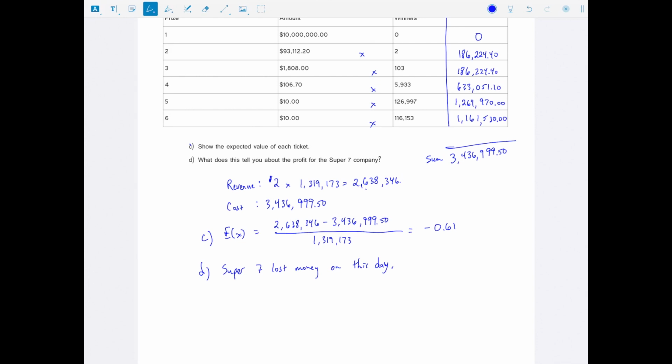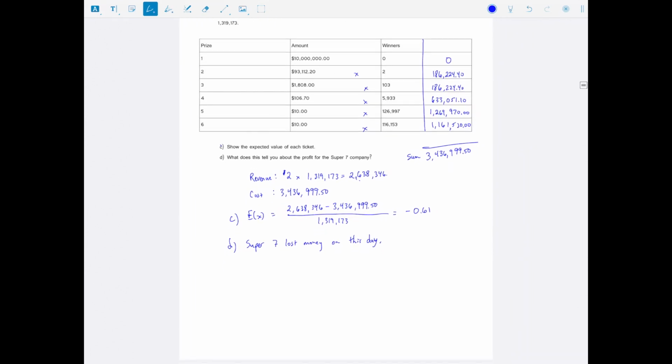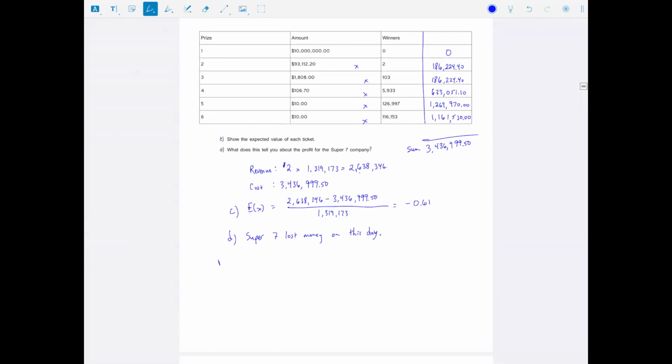Okay? Just to illustrate something, you can use that other formula. So the other formula was E of x equals x1 times the probability of x1 plus x2 times the probability of x2 plus, and keep going. The problem with this, and it works, the first value was 10 million.